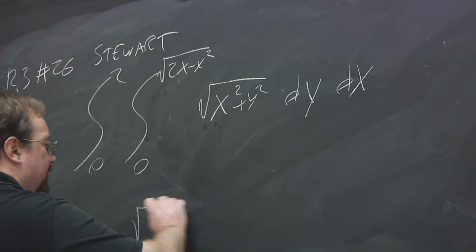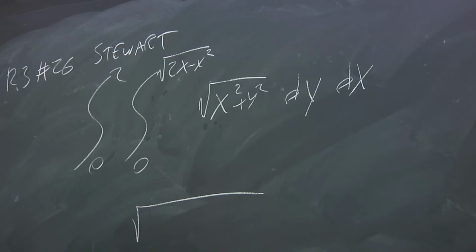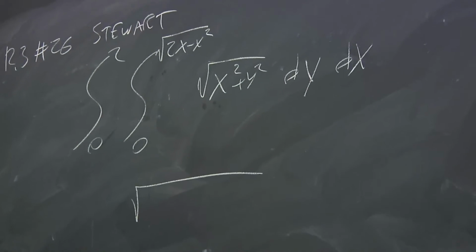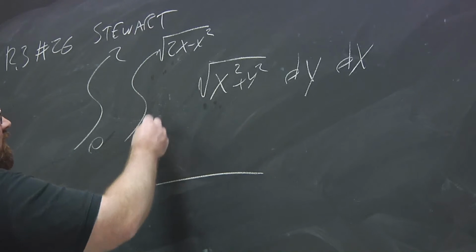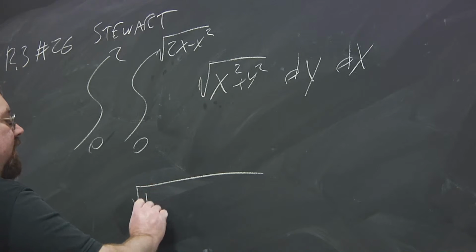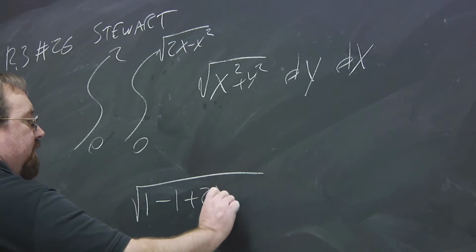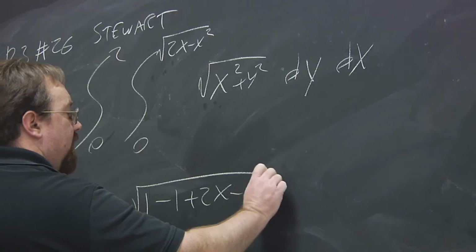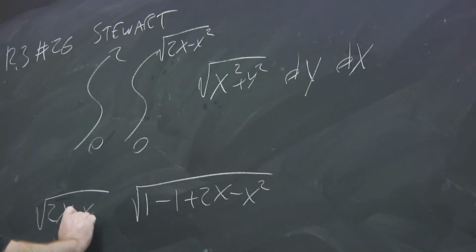Well, to do that, I'm going to do a little trickery here to try to express this into something that's more circle-like, that involves nice, perfect squares. So what I'm going to do is add 1 and subtract 1 plus 2x minus x squared. So I'm just taking this square root up top and rewriting it.